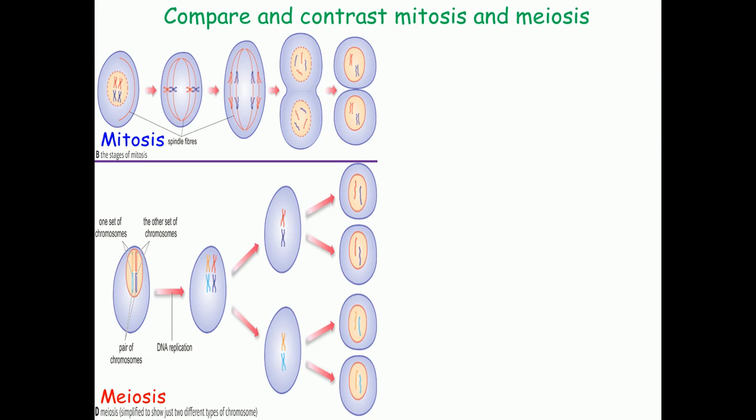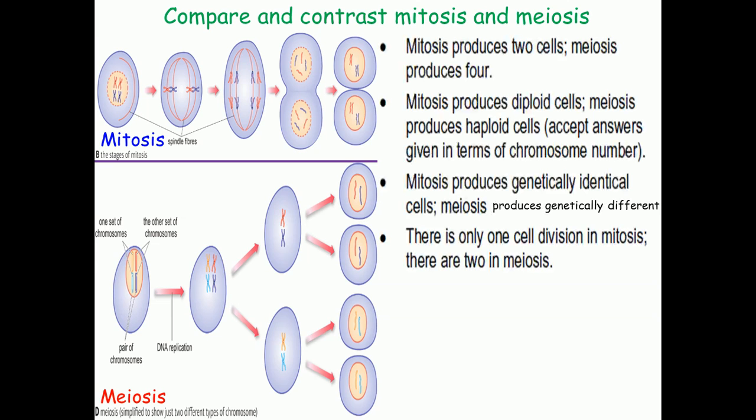So in a 6-mark question where you have to compare and contrast mitosis and meiosis, you need to state the similarities and differences between both forms of cell division. Mitosis produces 2 daughter cells, whereas meiosis produces 4. In mitosis, the daughter cells are diploid, which means that they contain 2 copies of each chromosome, whereas meiosis produces haploid cells.